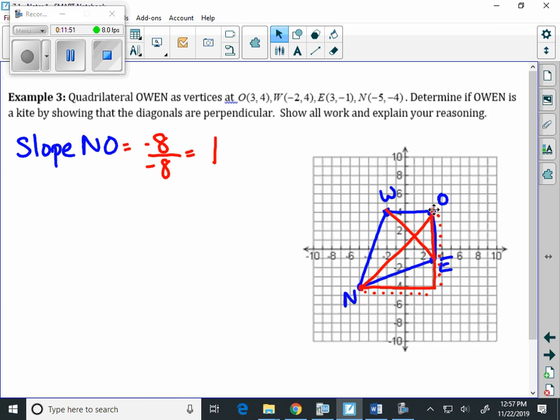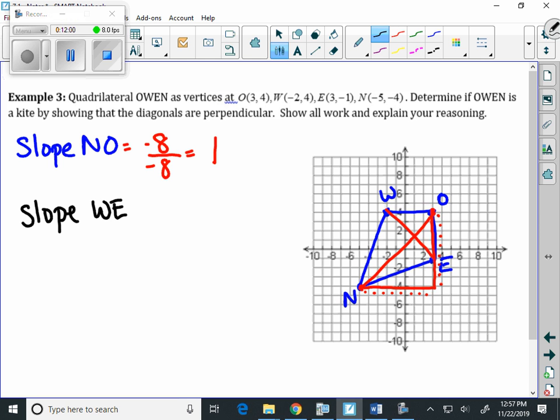But we also need to figure out the slope of WE. Again, we're going to draw a triangle.